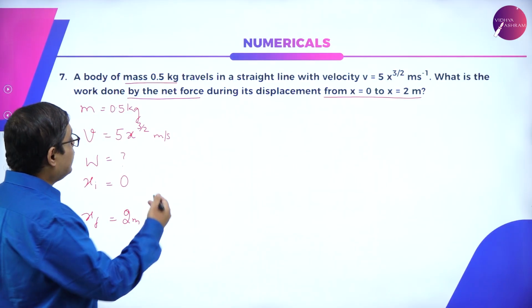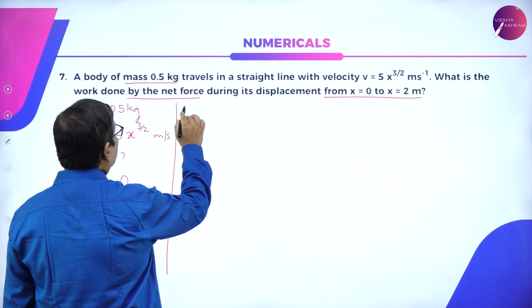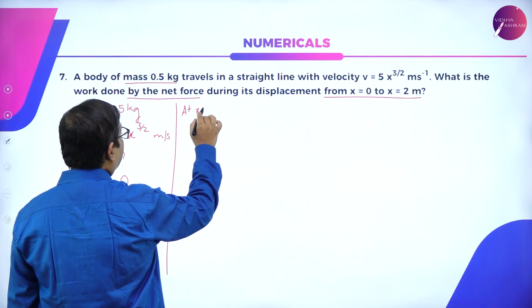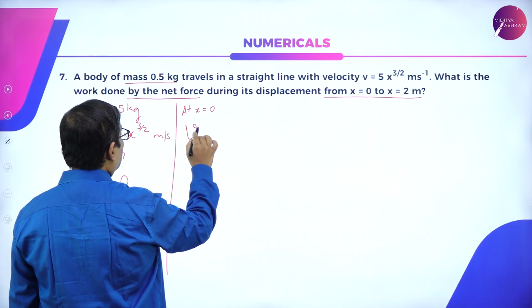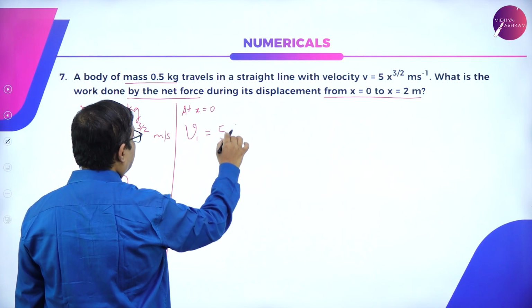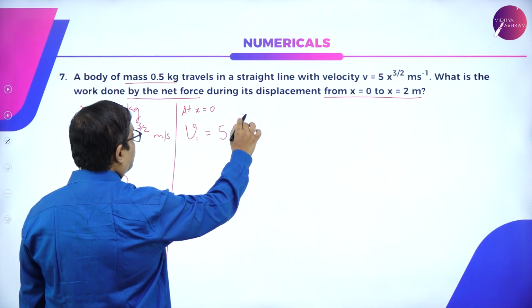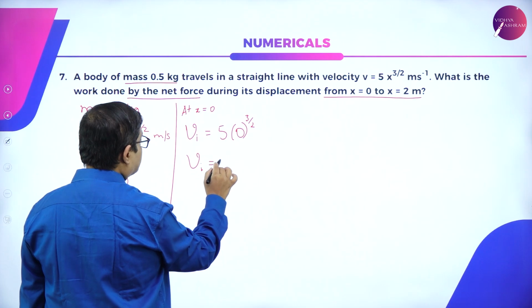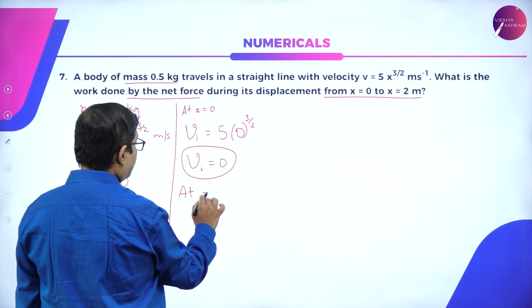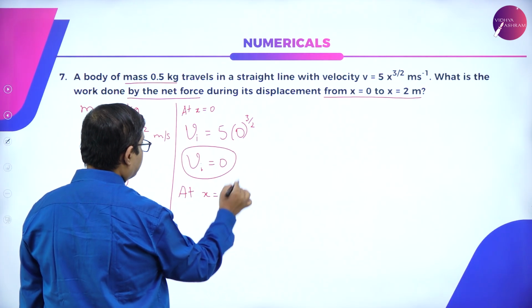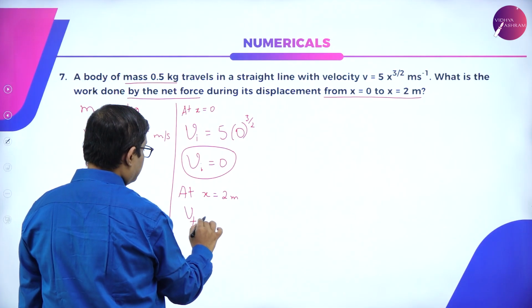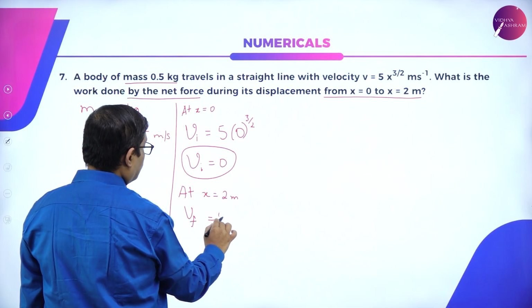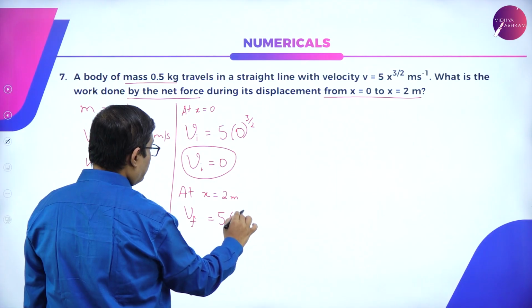Let me find out the initial and final velocities. At x equal to 0, vi is equal to 5 into 0 to the power 3 by 2. So initial velocity is 0. At x equal to 2 meters, final velocity is equal to 5 into 2 power 3 by 2.